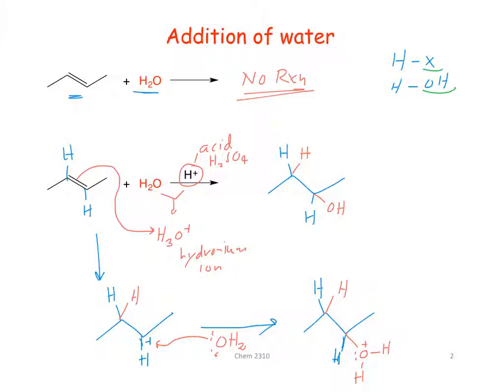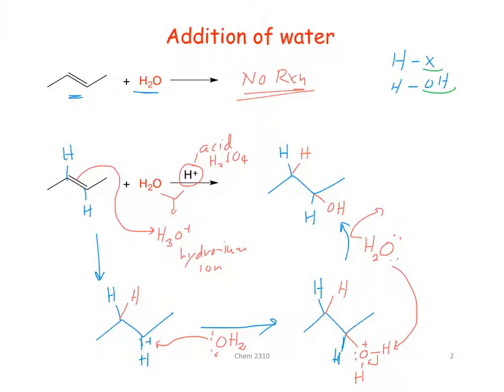And then in the last step, we just need to remove one of the protons on that oxygen. We're going to use another water molecule to do this. It comes in here and takes off that H. That gives us our product.